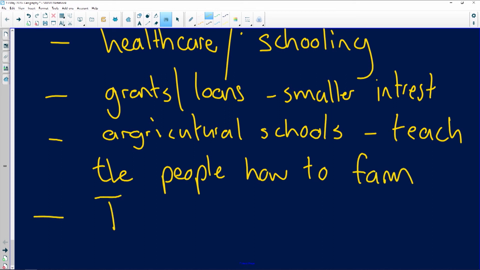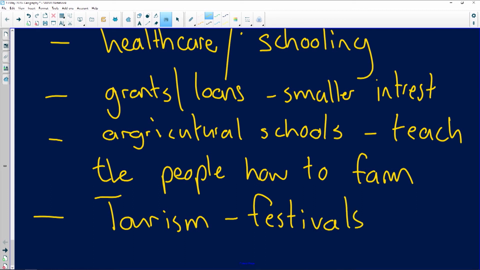Definitely tourism, for instance festivals, can also be used to keep the people there to create employment opportunities.